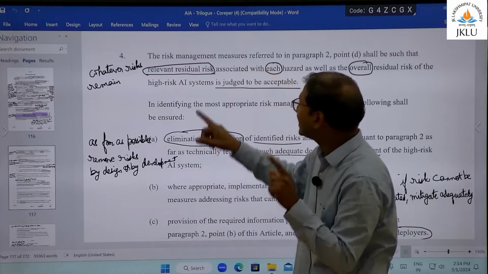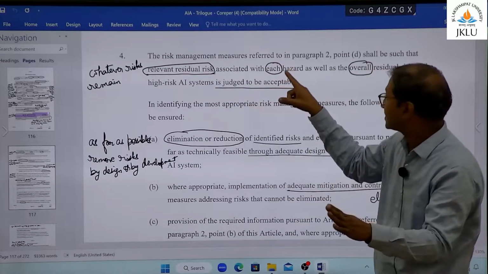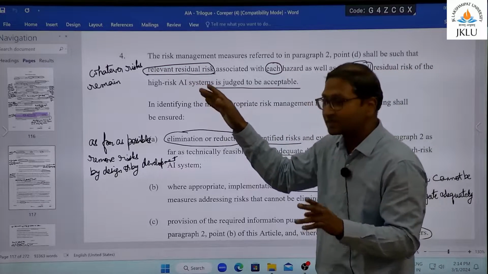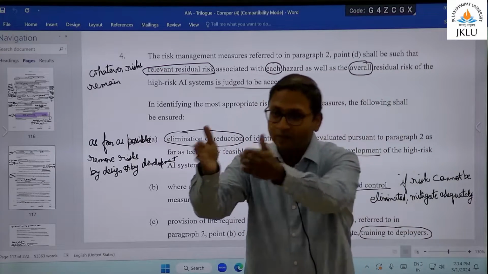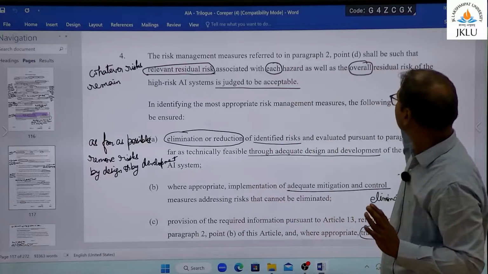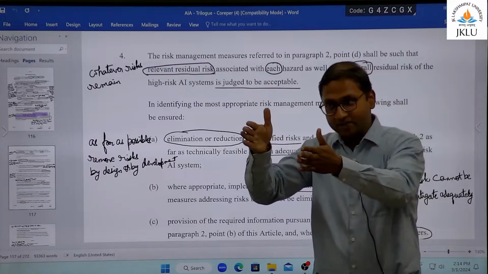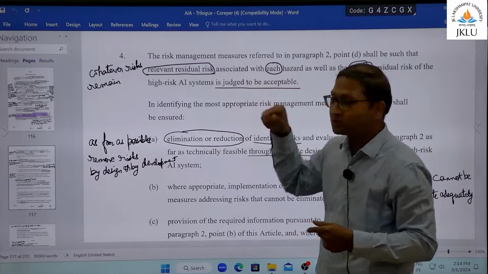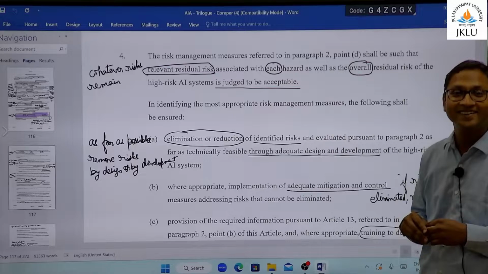So, now this relevant residual risk associated with each hazard as well as the overall residual risk of the high risk AI systems is judged to be acceptable. So, whatever risk remains, if that is acceptable, right? So, the risk management measure should be such that whatever risk remains, that should be judged to be acceptable. Huh?